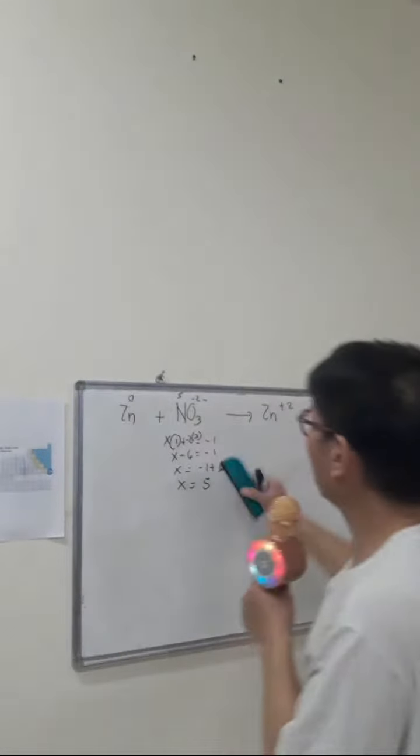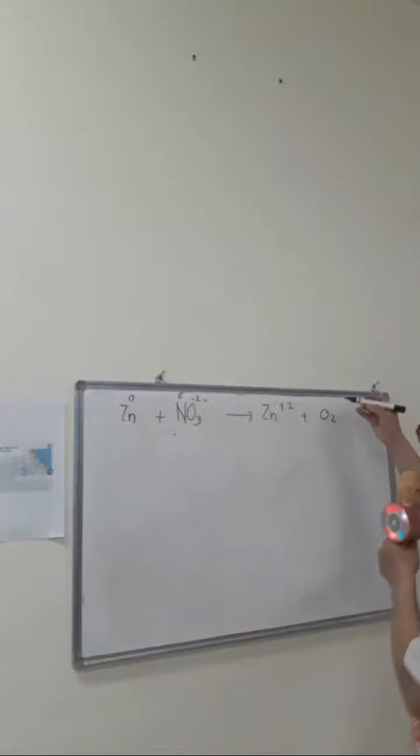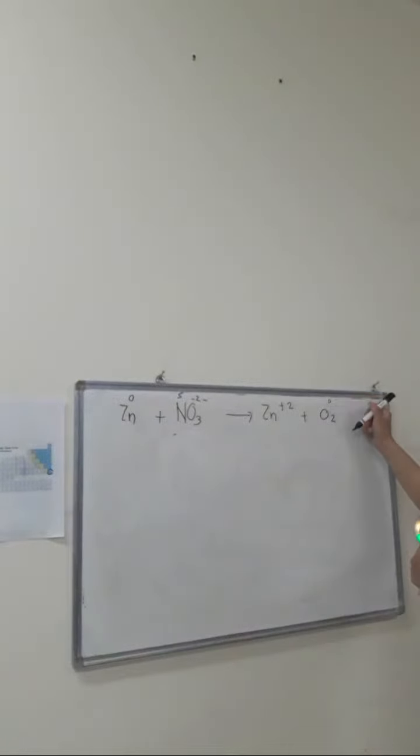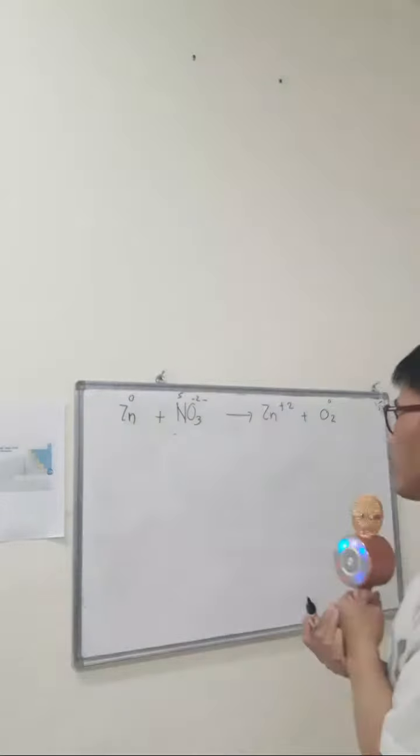And then zinc positive 2, already given the charge. And oxygen is also 0, the atomic gas. So take a look at who among them has gained electrons and lost electrons. An increase in oxidation state is zinc, from 0 to positive 2, an increase in oxidation number, meaning a loss of 2 electrons.